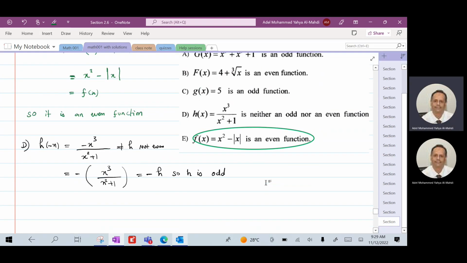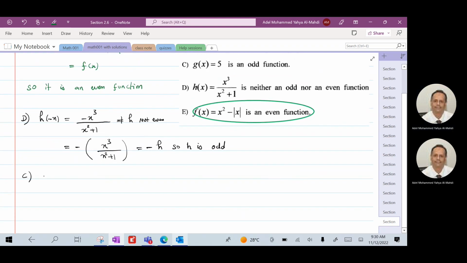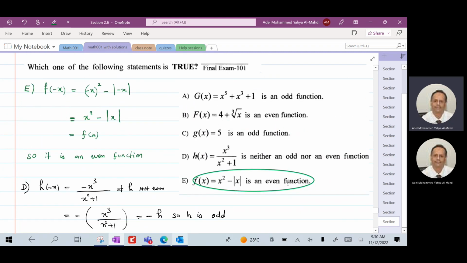So this is E and D. Let me show you C. Any horizontal line is an even function, either from geometry because it is symmetric about y, or you can test this property because you have here 5x to the power 0. If you change x by minus x, you will get the same.